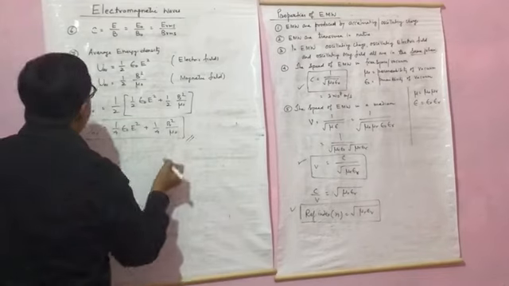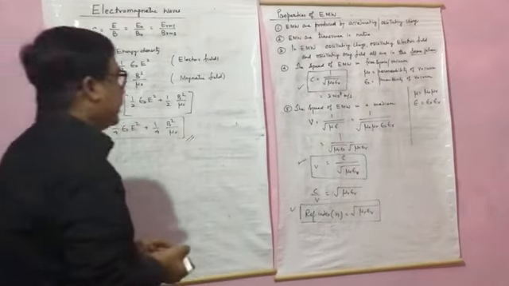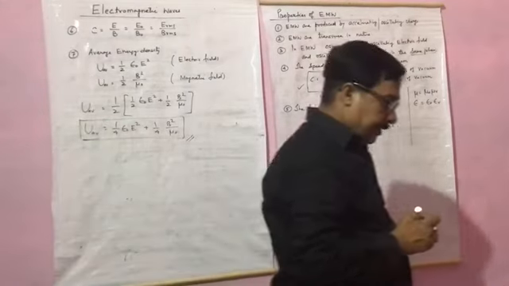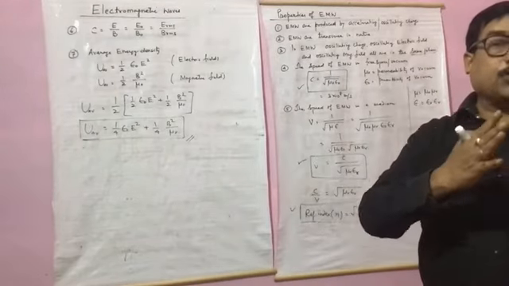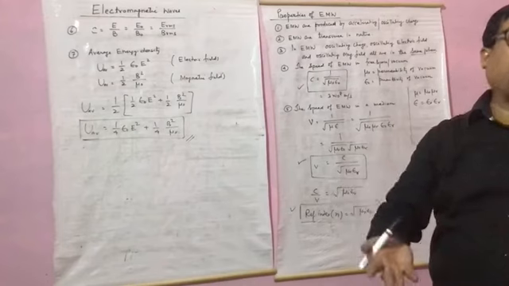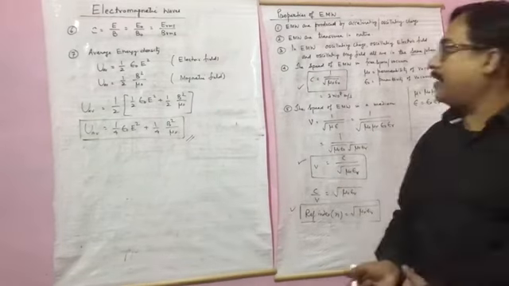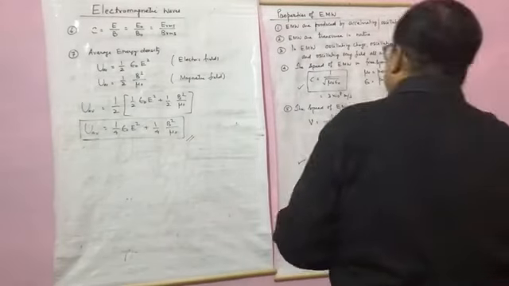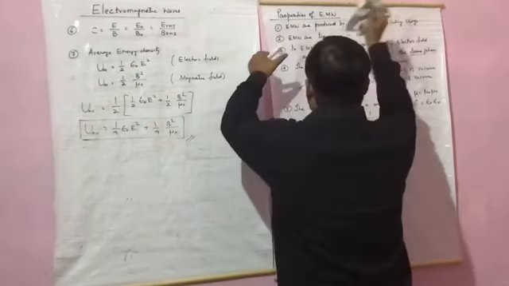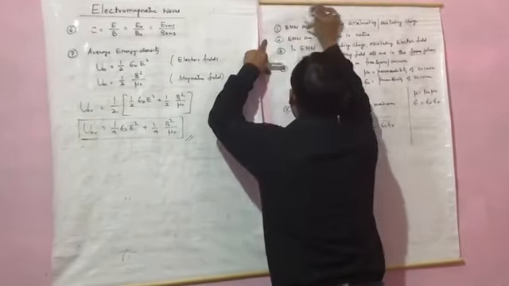So these are some important properties of electromagnetic waves. Now we have to know the electromagnetic spectrum. How many types of electromagnetic waves are there? That is our next aim, and that is electromagnetic spectrum.